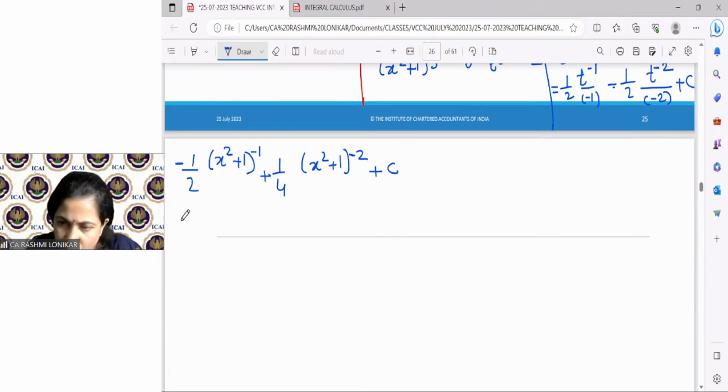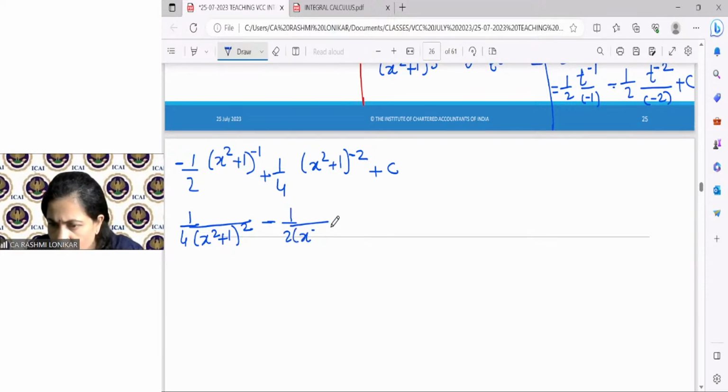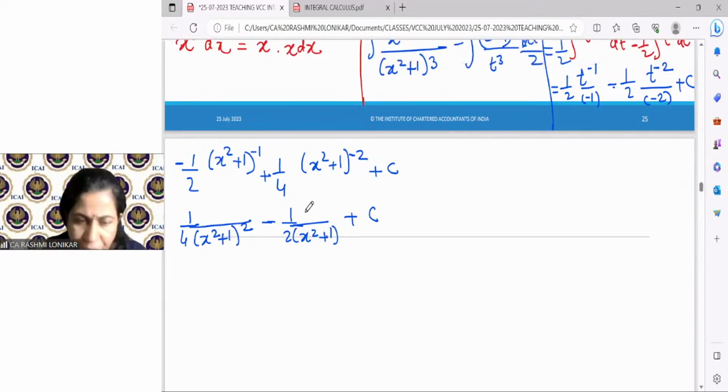So I am going to write this as 1 upon 4 x square plus 1 whole square minus 1 upon 2 x square plus 1 plus c. Is that clear now? Yes, this is the right answer. Crystal clear? Yes, Priya? Okay.